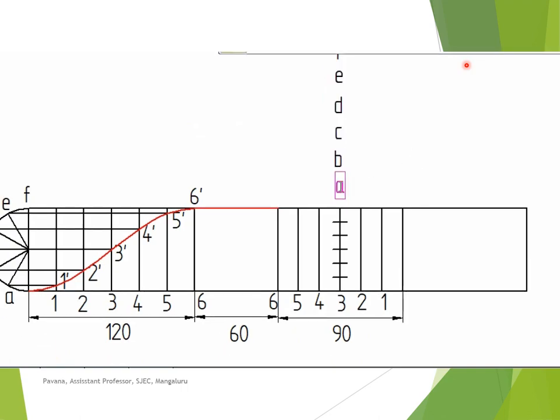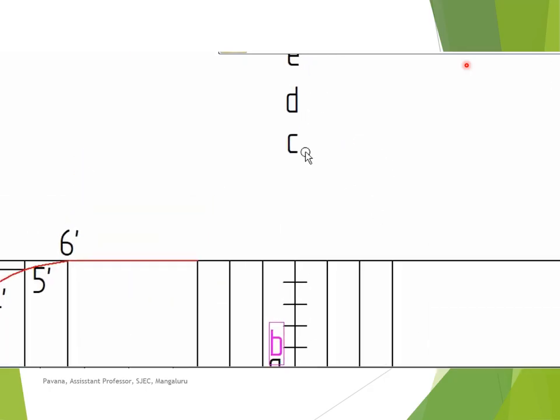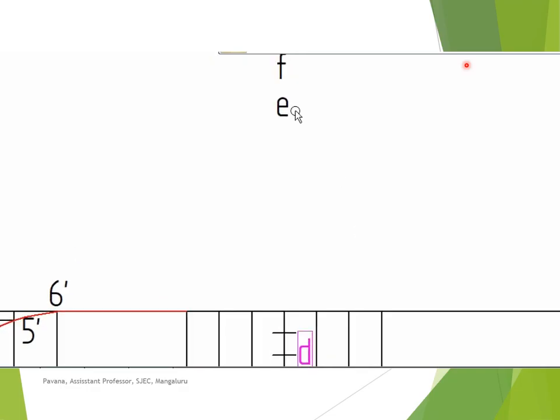So first point A, B, third one is C, D, E and F.